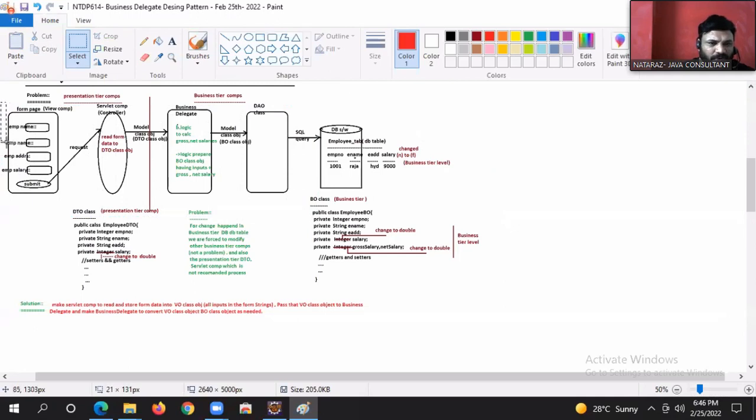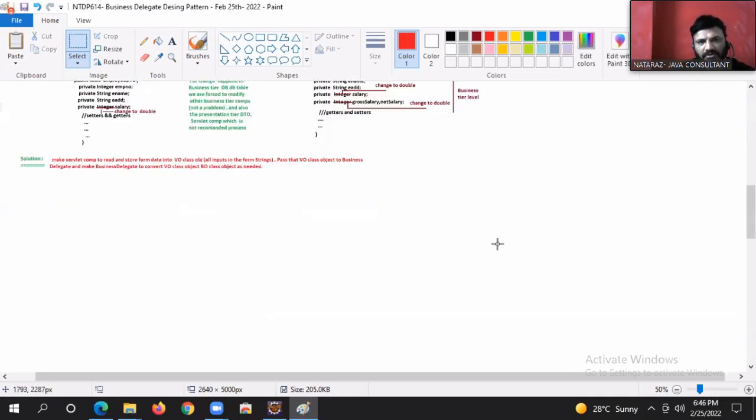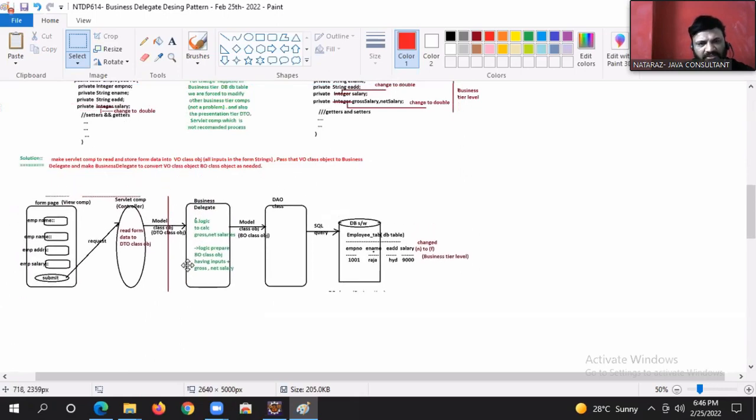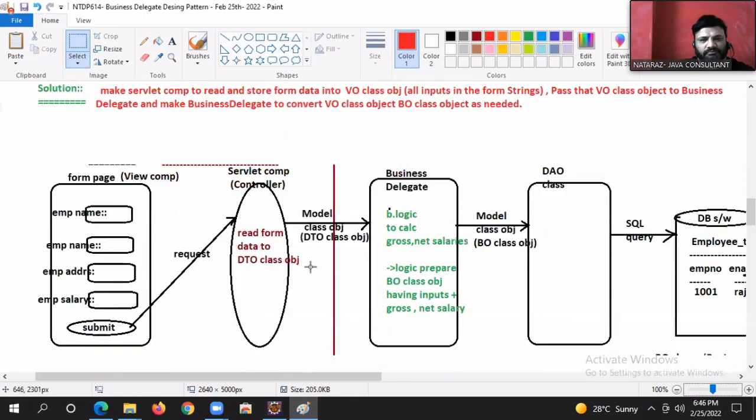If you understand the problem, solution does not take much time. Copy this, paste it.